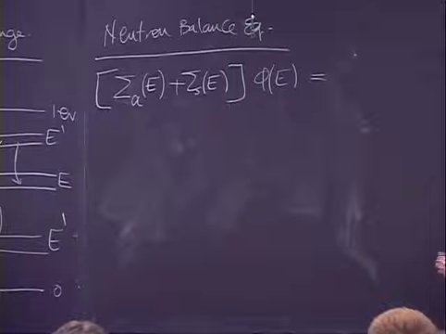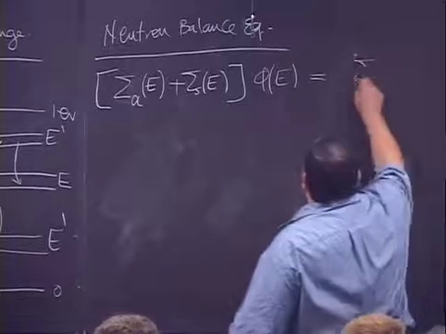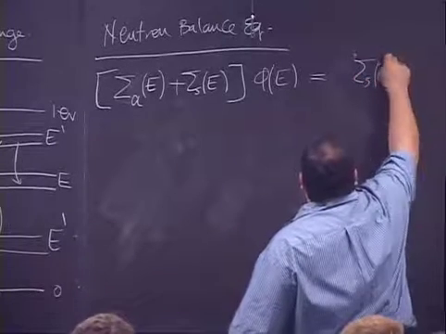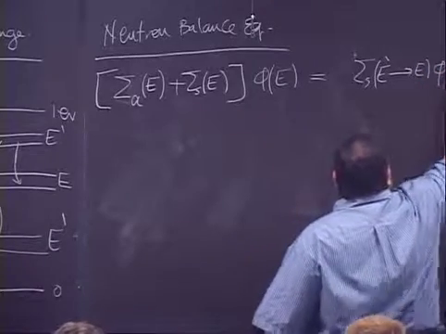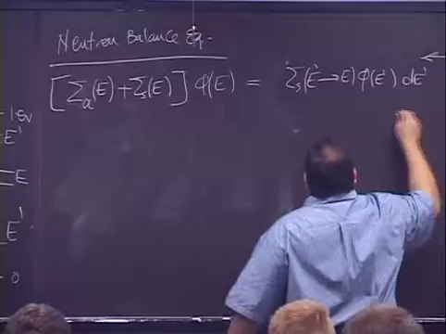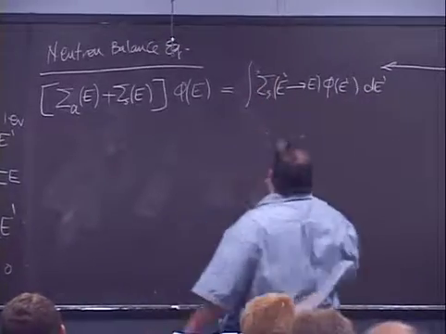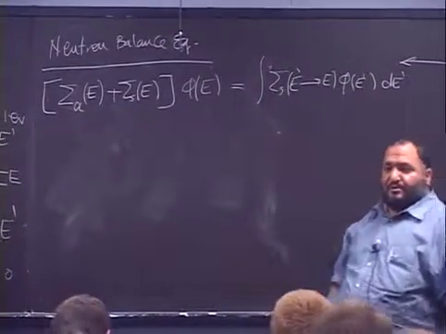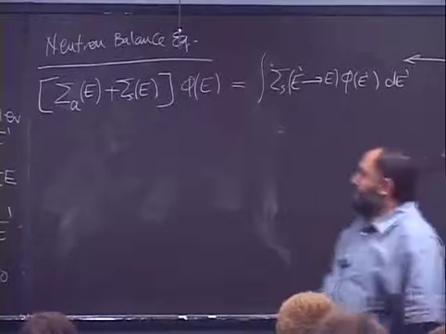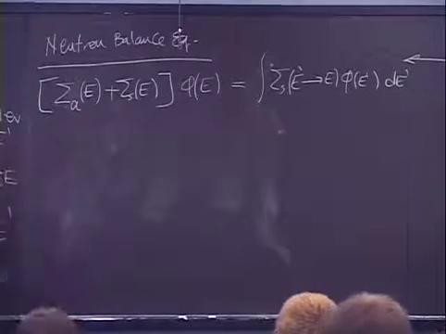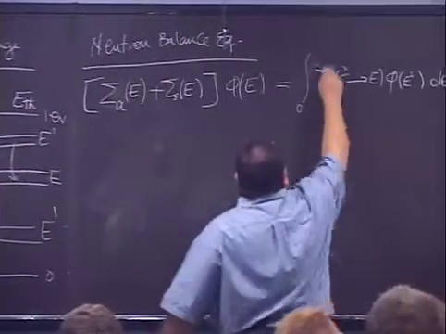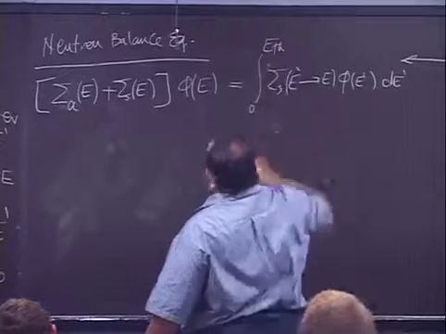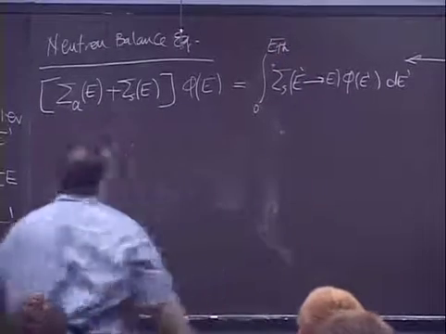Again, down scattering and up scattering. So it will be equal to the integral of sigma scattering from energy E prime to energy E multiplied by phi at energy E prime, dE prime. Now, where will my integration be carried over? The limit is E thermal. So it will be 0 to E thermal.